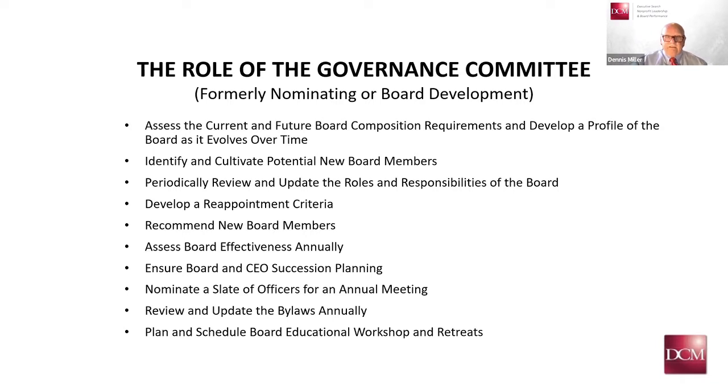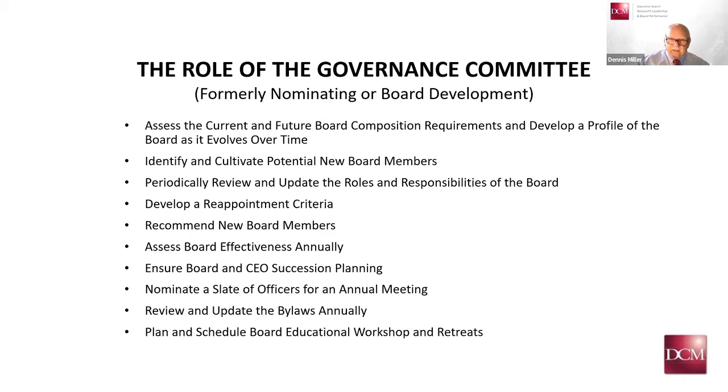I'm going to explain that in a second as well, about new board members, about assessing your own board's effectiveness. I'll address that later too, but I always say this: good boards evaluate their CEO, great boards evaluate themselves, okay? You want to make sure the governance committee is focusing on both board and CEO succession planning.